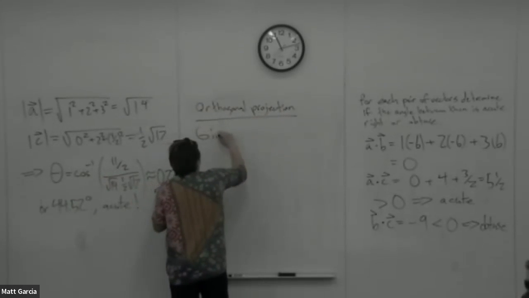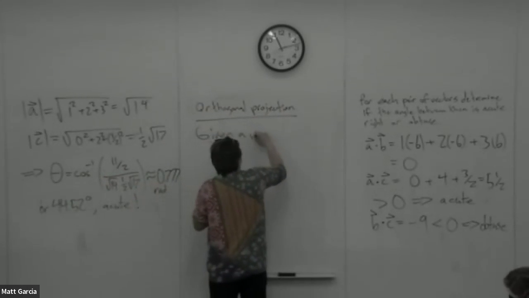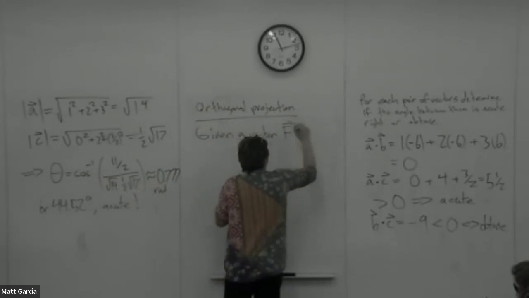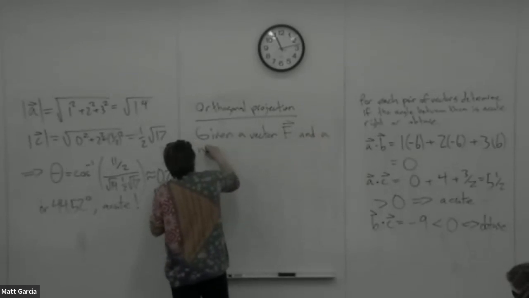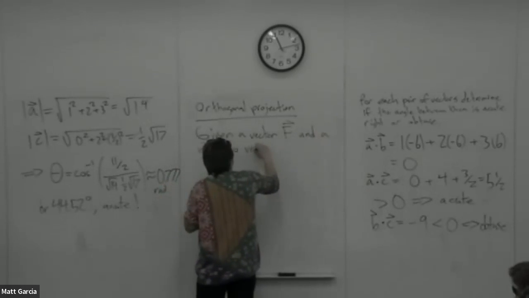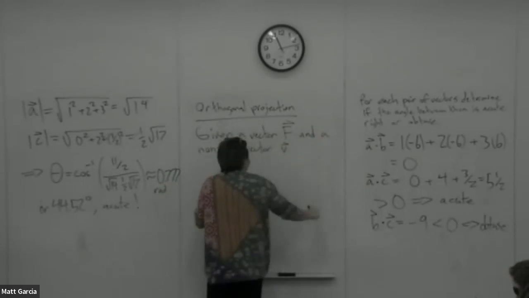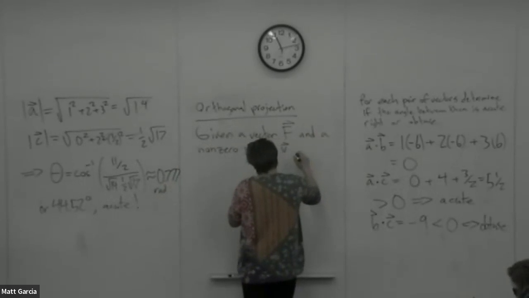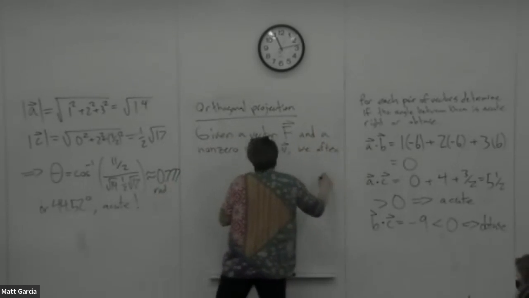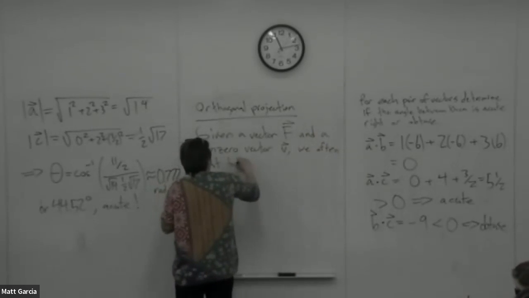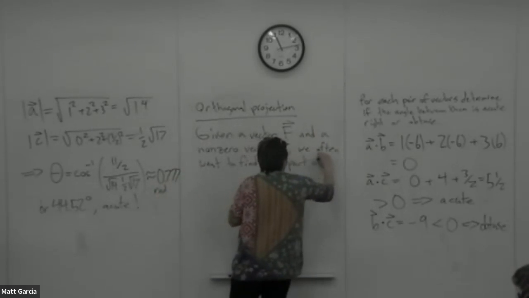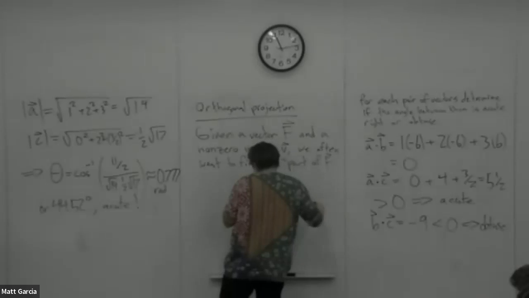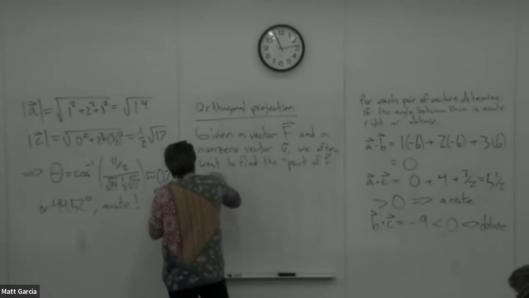So, given a vector f and a non-zero vector b, we often want to find the part of f parallel to b.